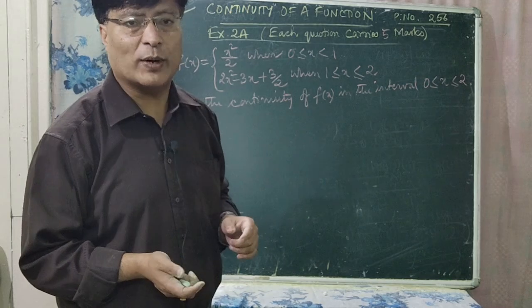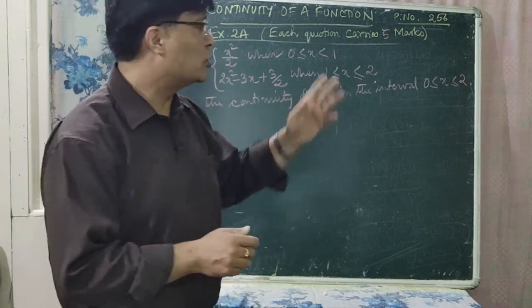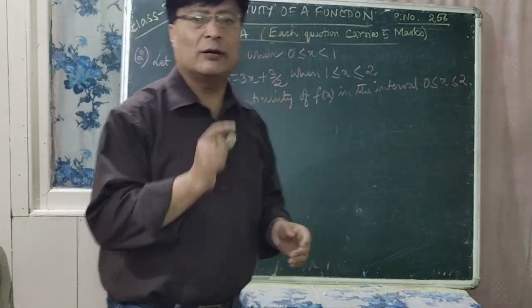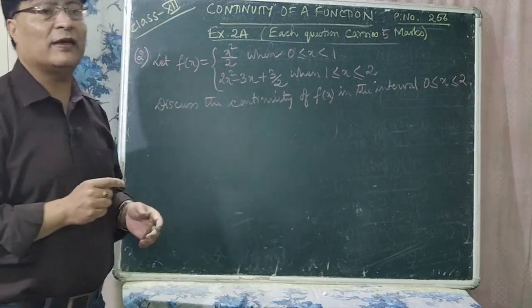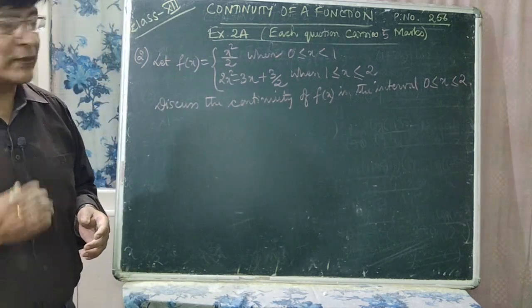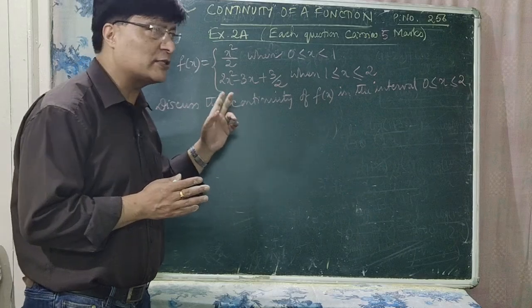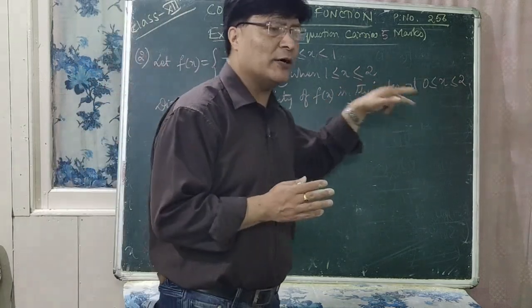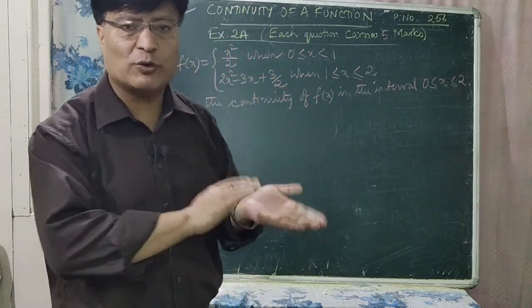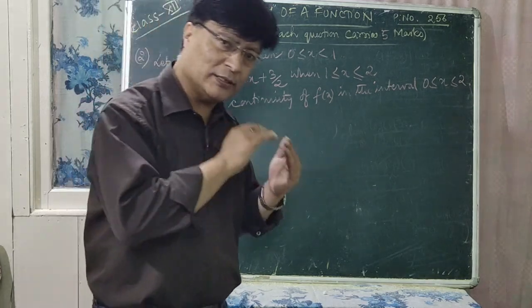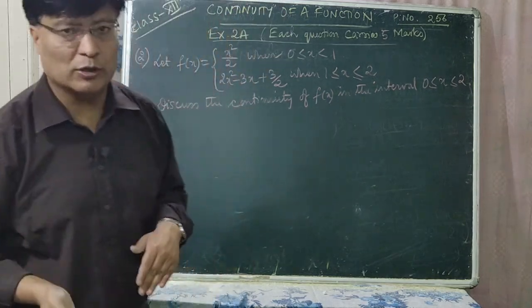So this is known as what? Closed interval. So in this closed interval, you have to prove that this function f of x is continuous. That is, the function f of x is continuous at every point in the interval in between 0 and 2, including 0 and including 2 also.